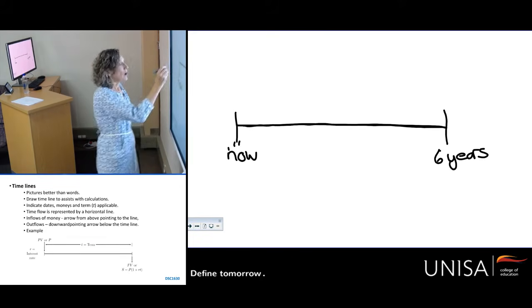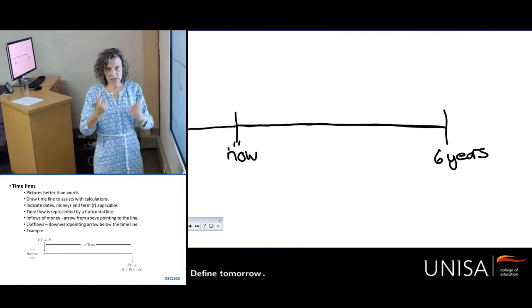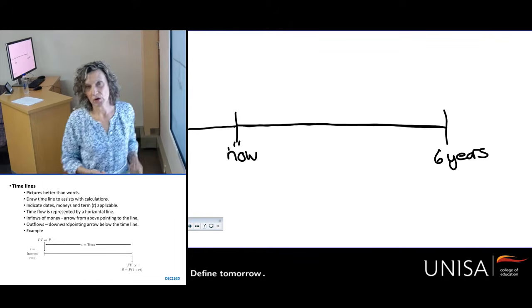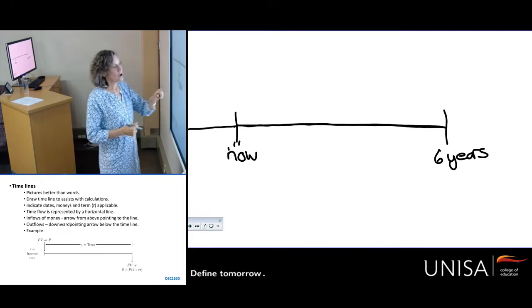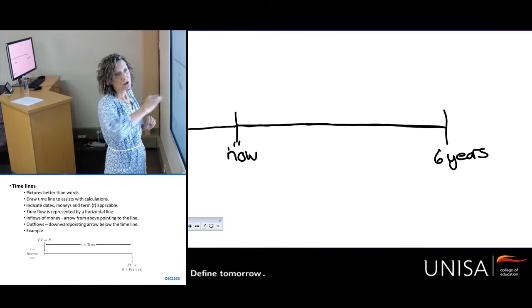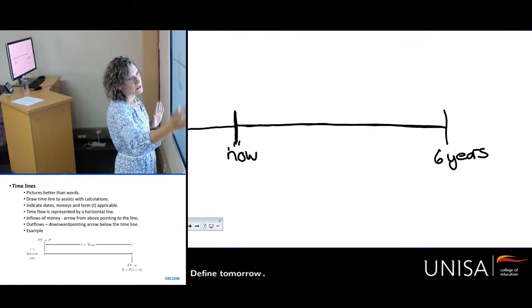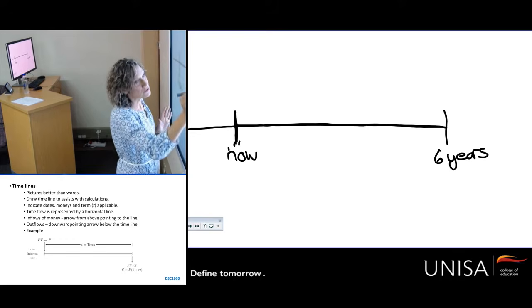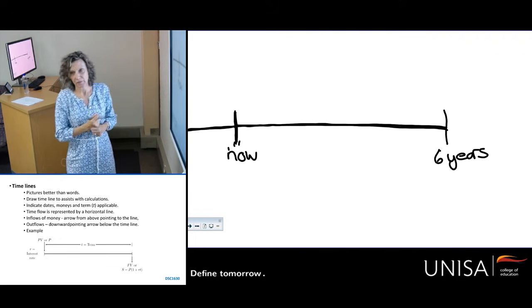On the left of now is maybe past time. 3 months ago, 6 years ago, will be on the left side of now, and to the right, your future value. So now, right is your future time, and left is your previous time.